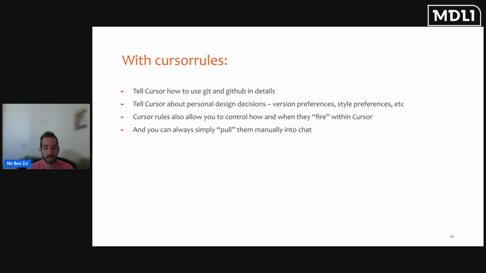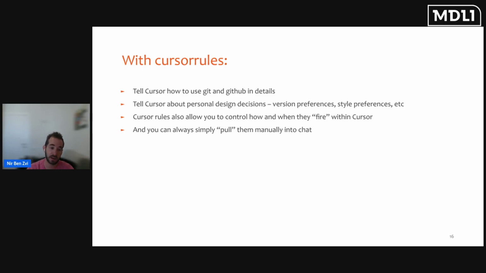So with Cursor rules, I can tell Cursor exactly how to use Git and GitHub in detail. I can tell Cursor about personal design decisions like version preferences, styling preferences, framework preferences. I tell Cursor to never use Matplotlib because I hate that framework. I tell it to use Plotly.